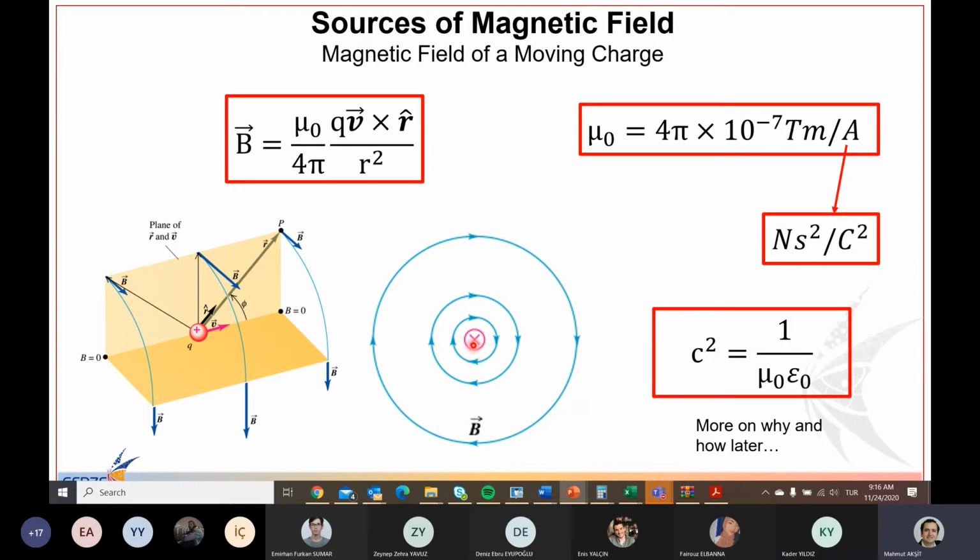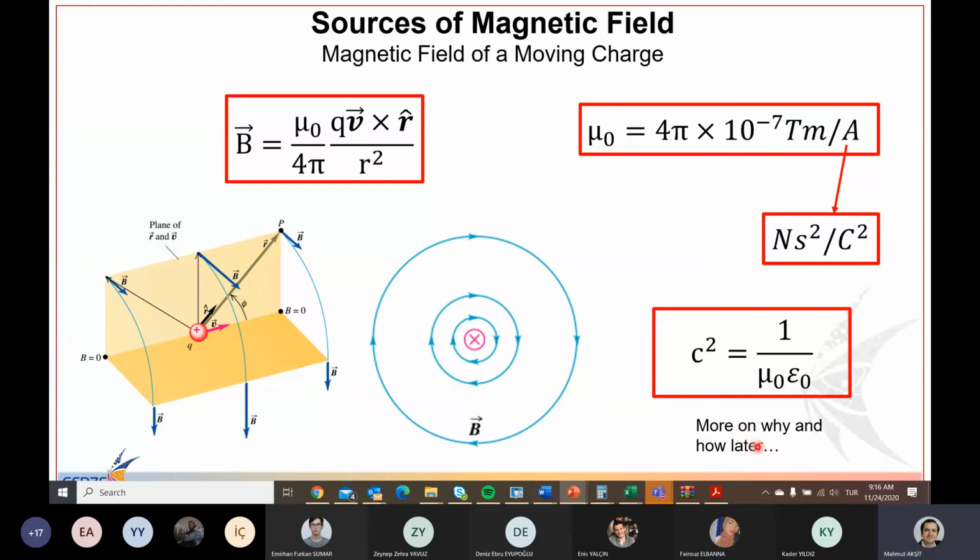When you apply your right-hand rule, you will see that the magnetic field is in this direction, and this is what the magnetic constant is. Mu0 is 4 pi times 10⁻⁷ Tesla meter per ampere, or Newton second squared per Coulomb squared.